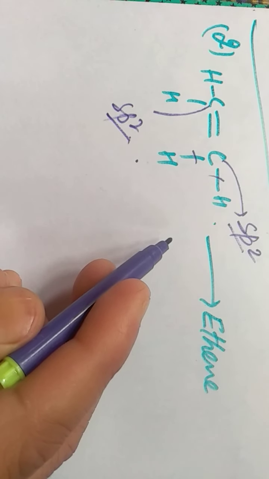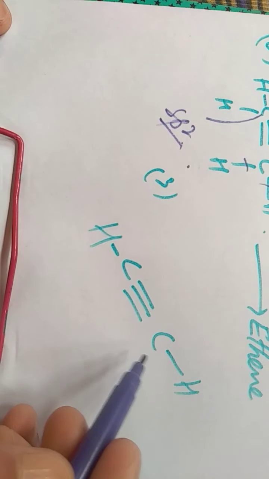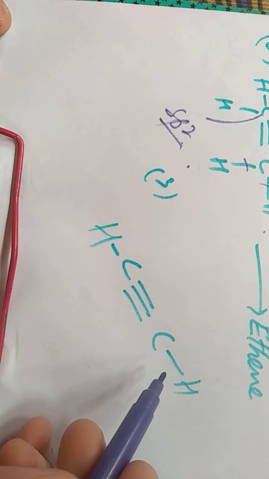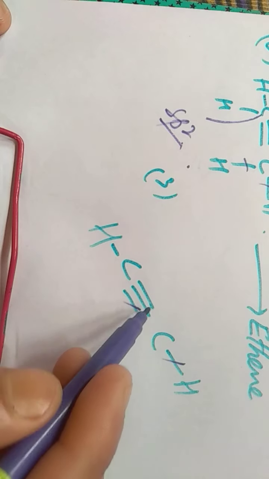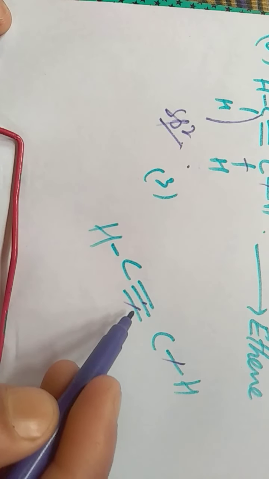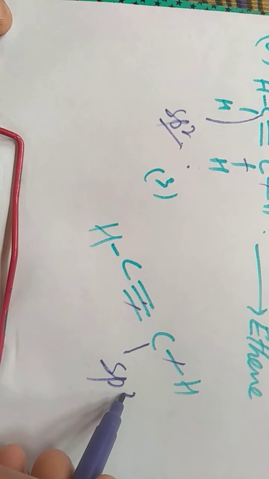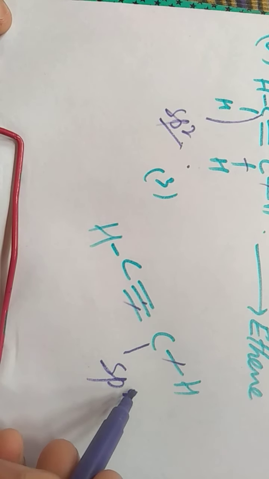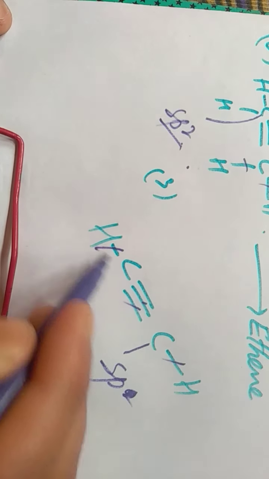Now we take another example here. We start from this carbon atom. How many sigma bonds are there? 1, 2. 2 sigma bonds are there. So sp hybridization is there. Same is the case here. 2 sigma bonds, 1 and 2.